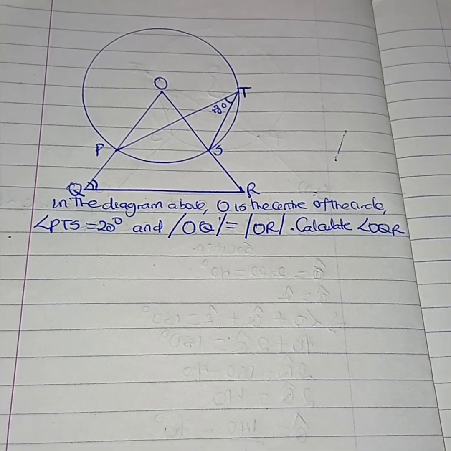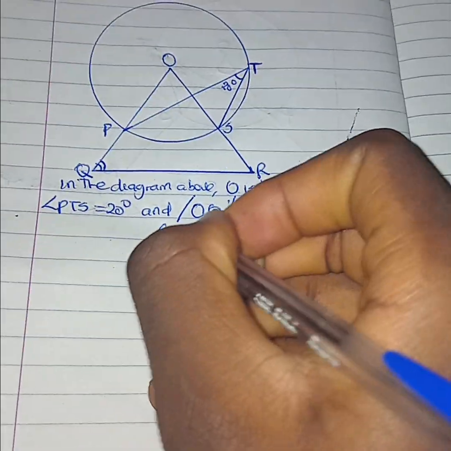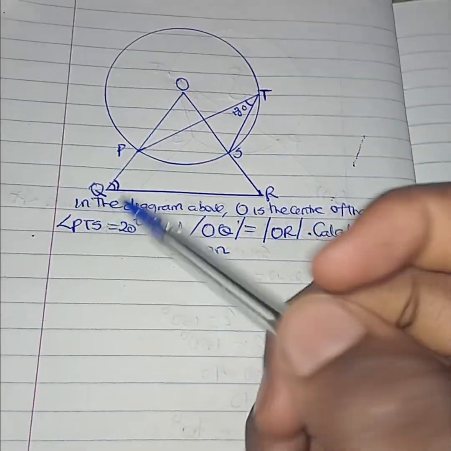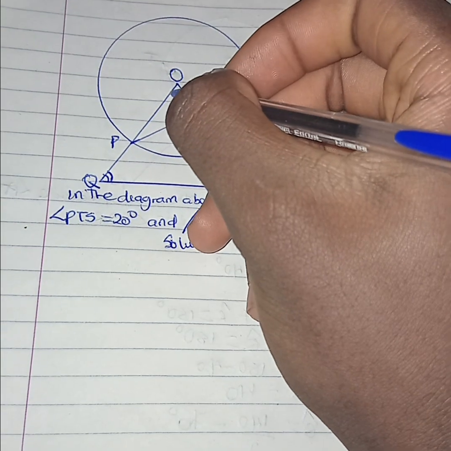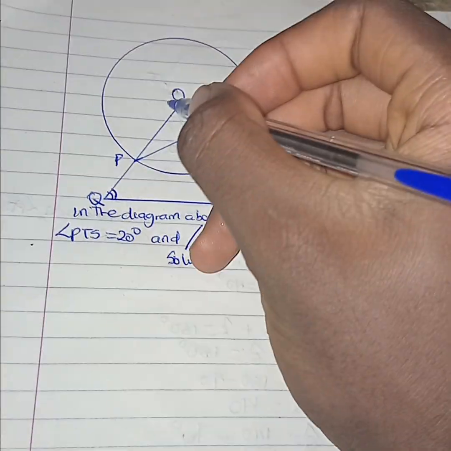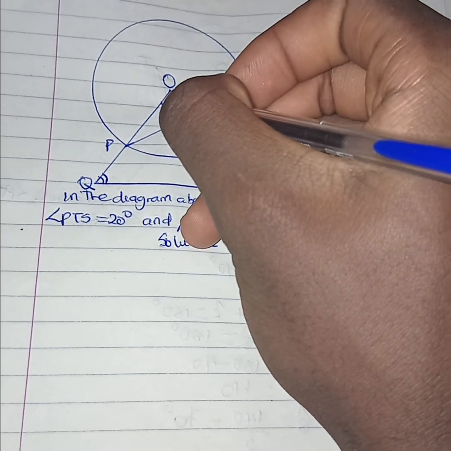Let's dive into it. Of course, first of all, write solution. Now, in circle geometry, one theorem is referred to as the center of circumference theorem.